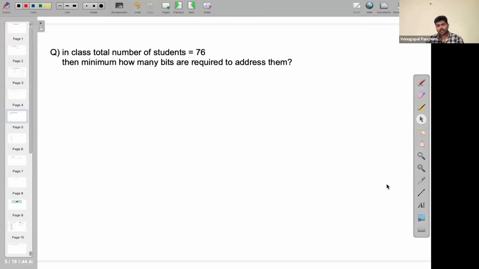My question is: minimum how many bits are required to address them? So they are asking, there are total 76 patterns you have to get. One pattern I can address one student. So if you have total 76, then how many bits are required?